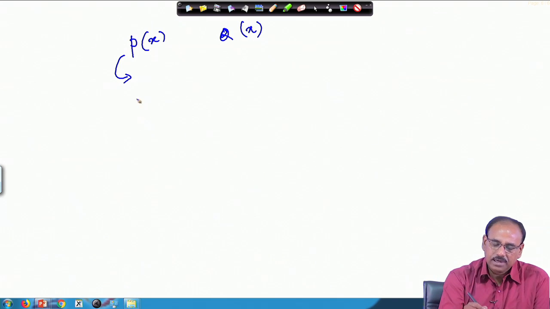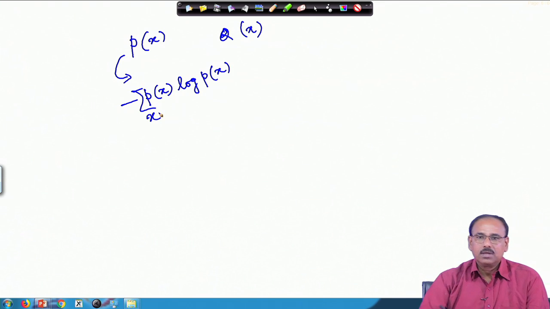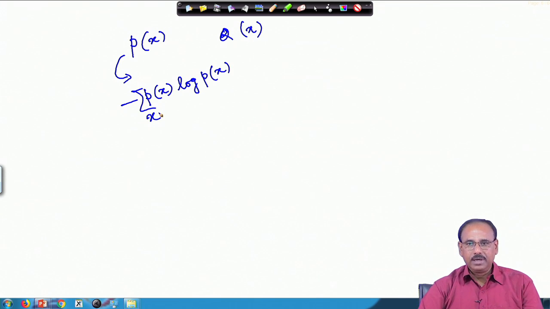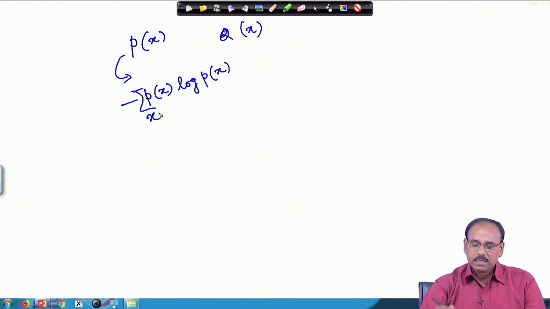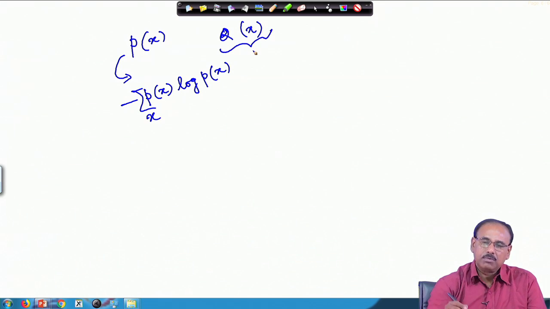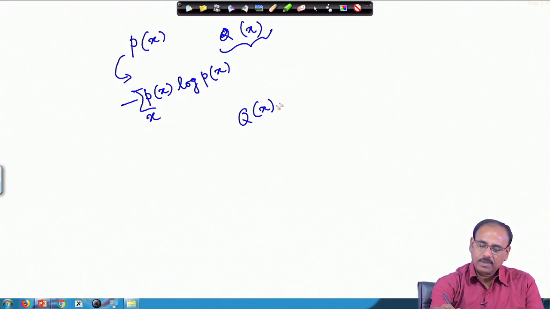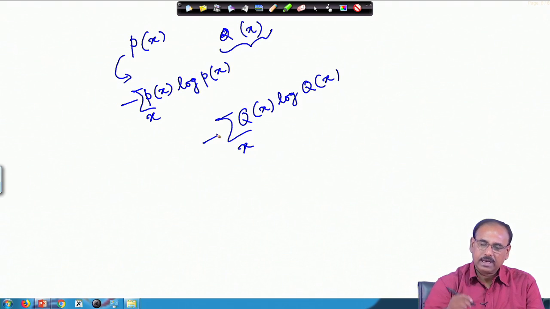The information content is given by minus the sum of p of x log of p of x, taking the summation over x. That gives you the information content when your probability density is p of x. Similarly, the information content when the probability density is q of x is minus the sum of q of x log of q of x, over x.